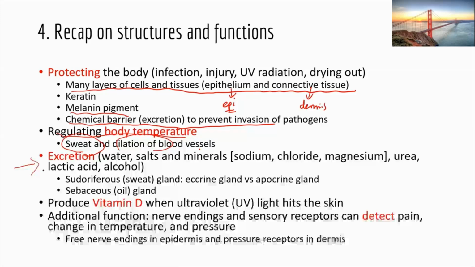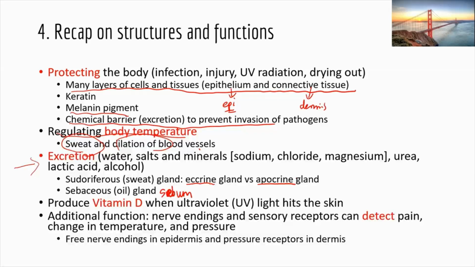Secretion, we talked about the main things that you can find in sweat. Okay, and then the sebaceous gland secretes sebum. Sebum can lubricate your skin and your hair. One thing I want to point out, just in case there's a question on that, is that when you look at the sweat glands, there are actually two types, eccrine glands and apocrine glands.